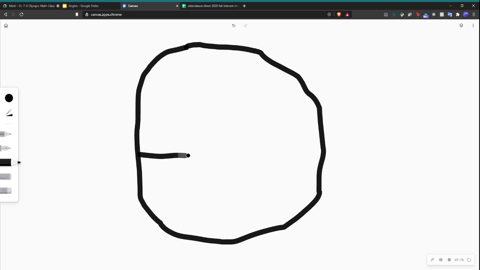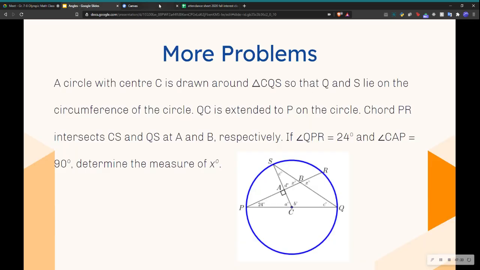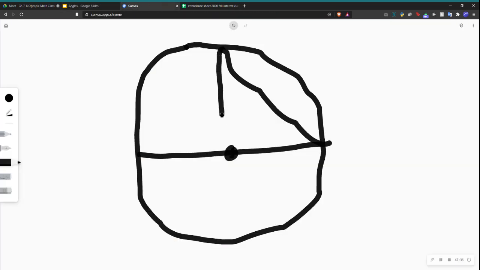So we have this line. Pretend this is the center. I'm not going to label the points. It's a bit too tedious. Right? And I believe we have. Oh, shoot, that's ugly. Okay, let's try again. All right, so then we have this and this.